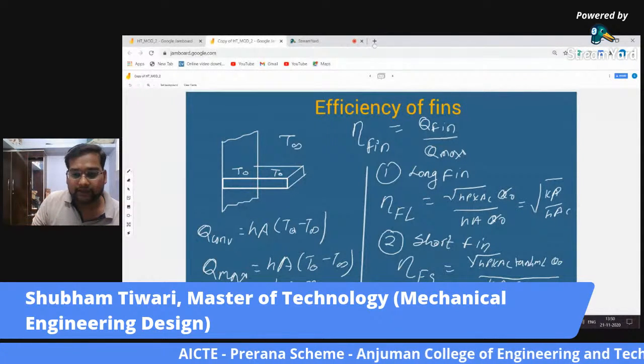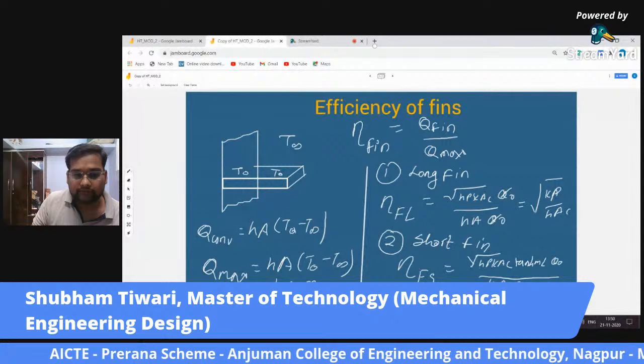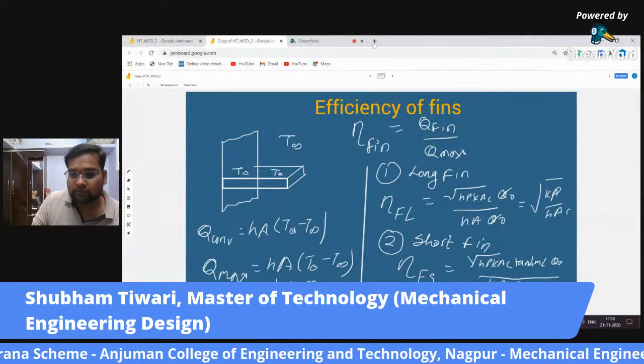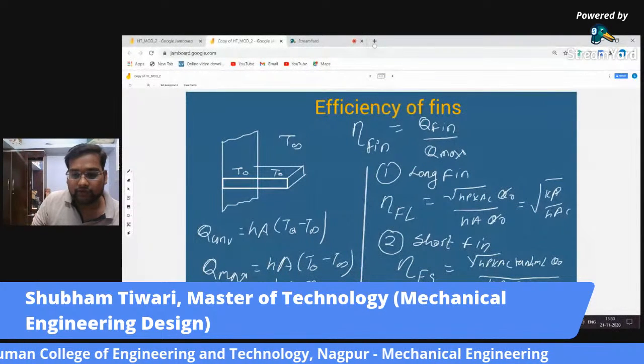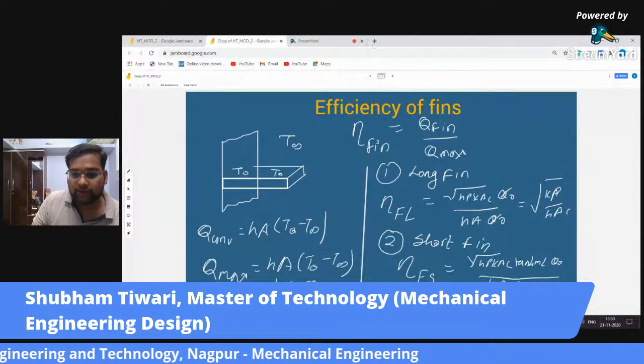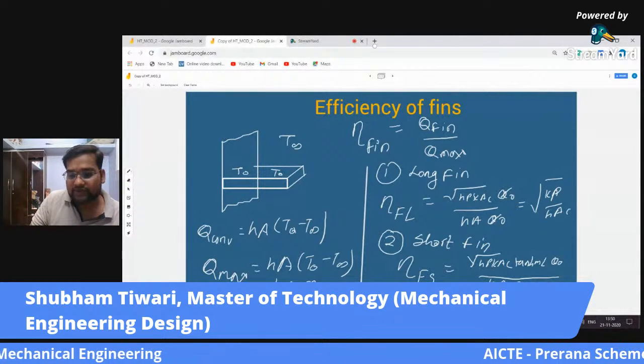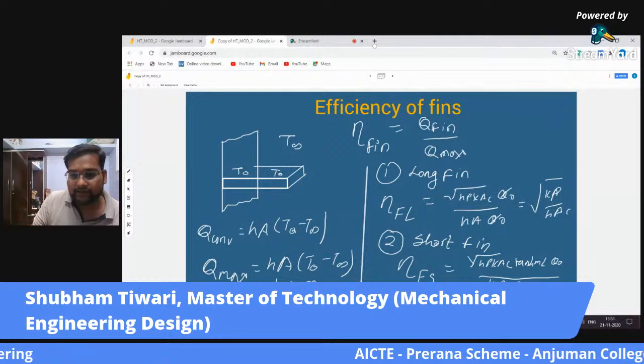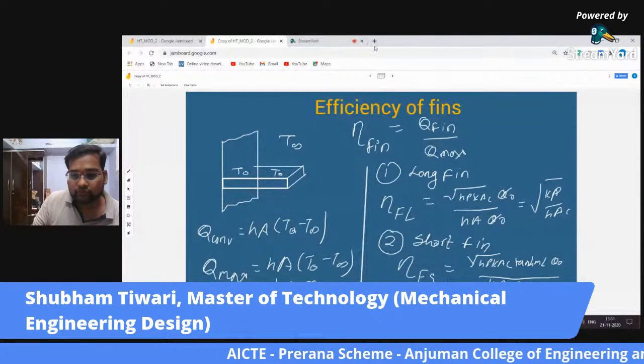These things will get cancelled out, and we will have tanh ml, and the remaining term is the same, which we can write as tanh ml over ml.